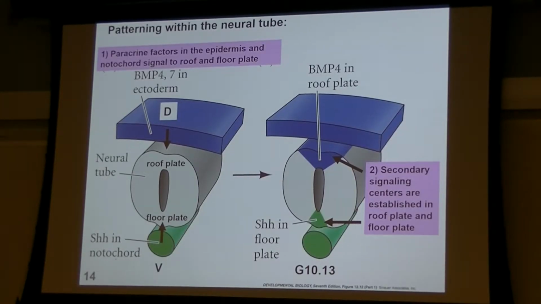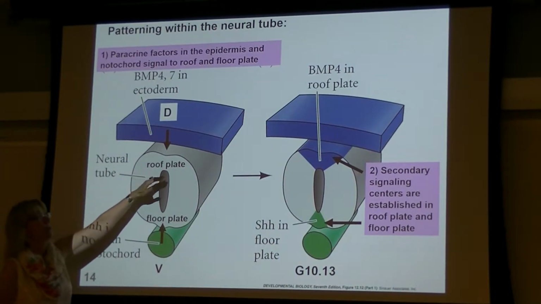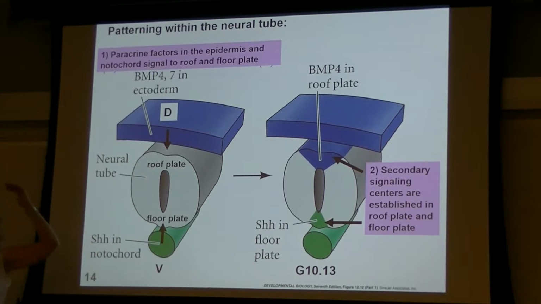Anyway, Sonic Hedgehog is a paracrine factor, and it's needed in the embryo at this early stage to help pattern the neural tube. The scenario here is the neural tube, and the portion of that tube that's closest to the outside of the embryo, we term the roof plate. It's basically just the dorsalmost portion of the neural tube as it's going to develop.